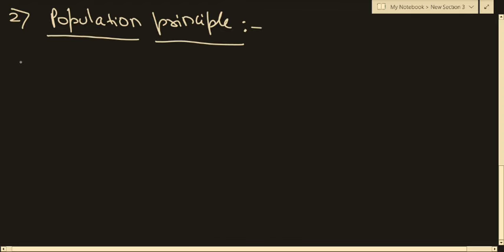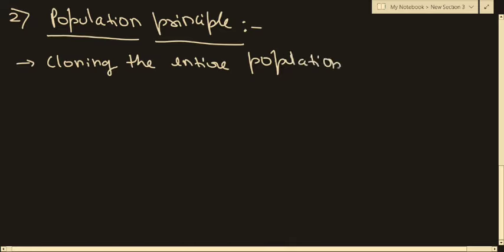This principle says cloning the entire population and the incomes should not alter inequality.